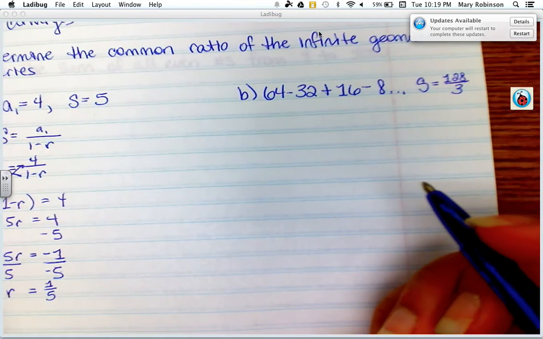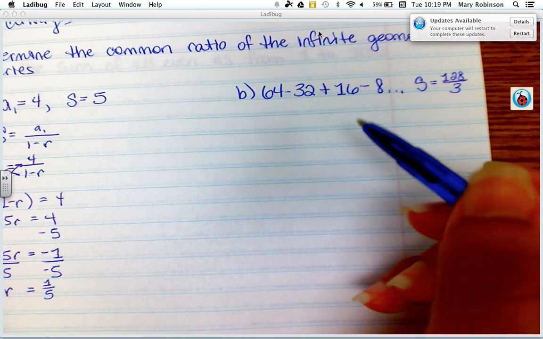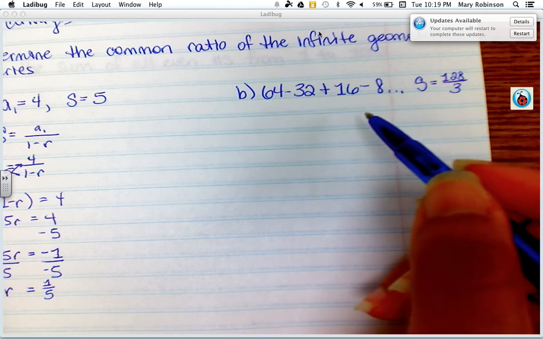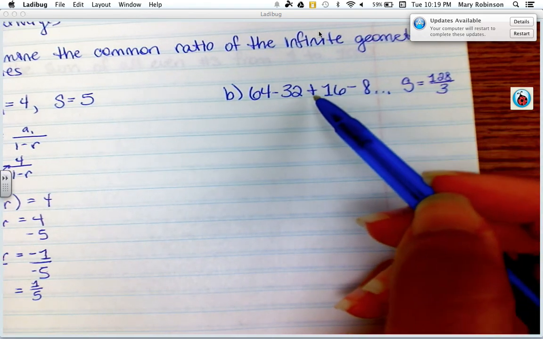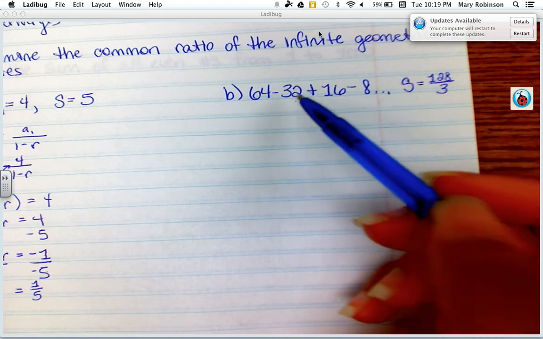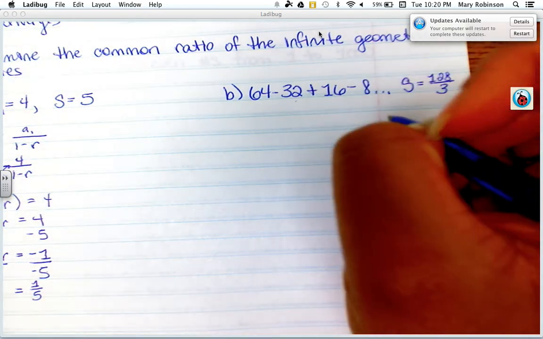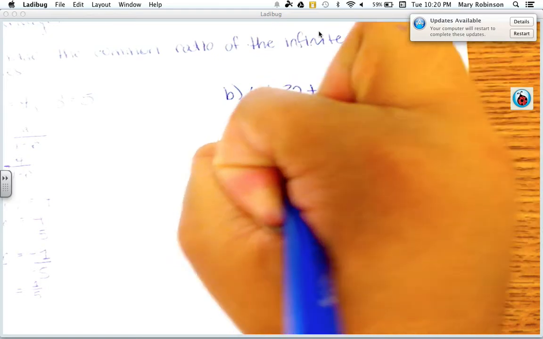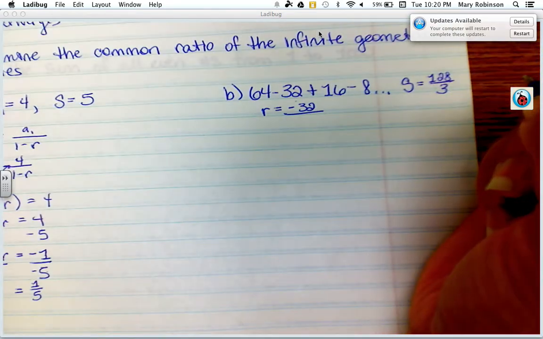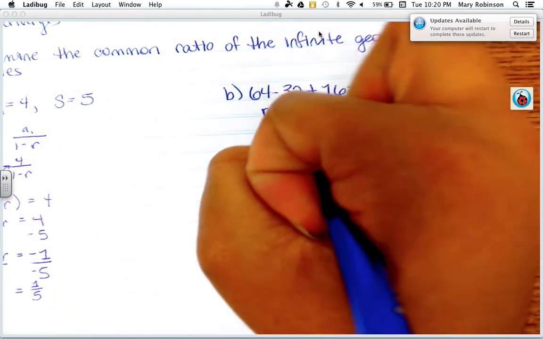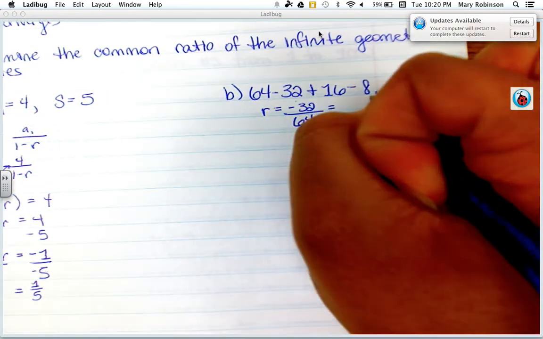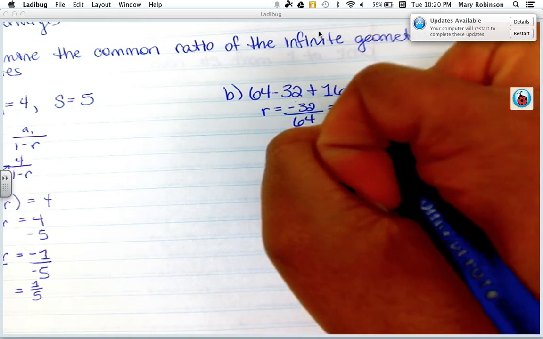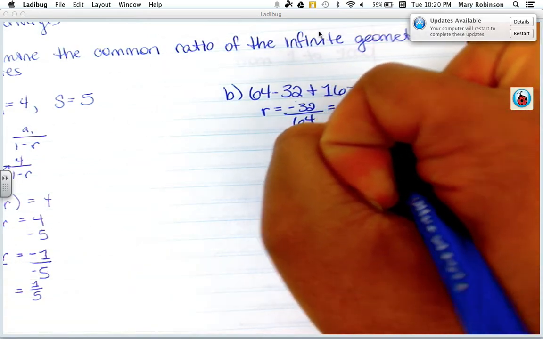Alright, so let's look at B. So in B, we're given the series, or the sequence, and we're going to have to find the R value. So R equals -32 divided by 64. So r equals negative 1/2.